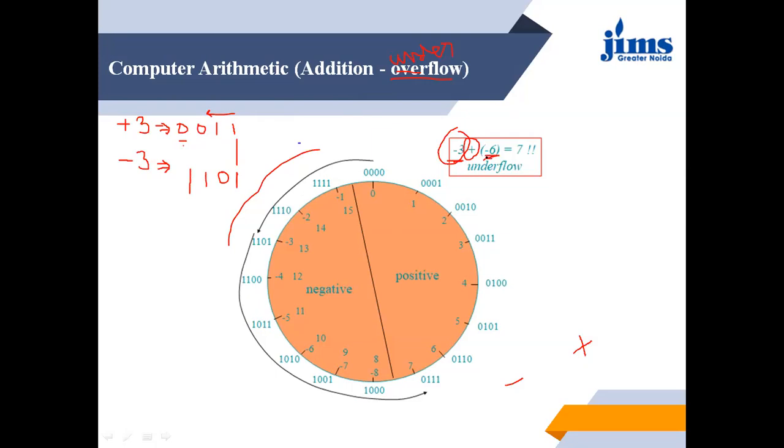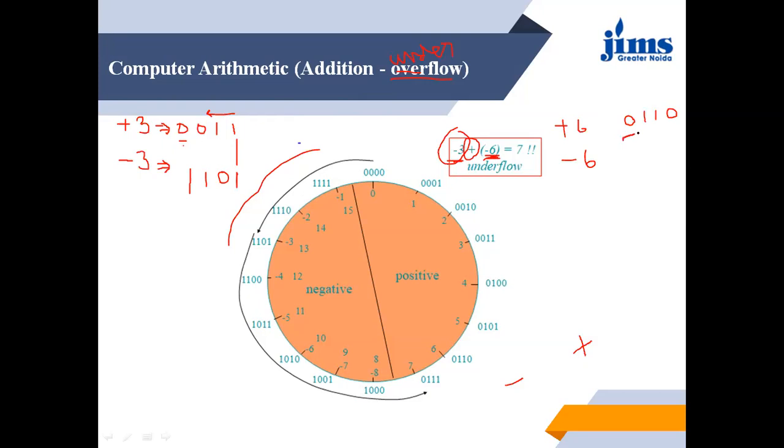Similarly, we have to find out the binary equivalent of minus 6. So plus 6 is going to be represented by 1 1 0, and as this is a positive number, the sign bit is also 0. When we have to find minus 6, then we have to write the 2's complement of this.